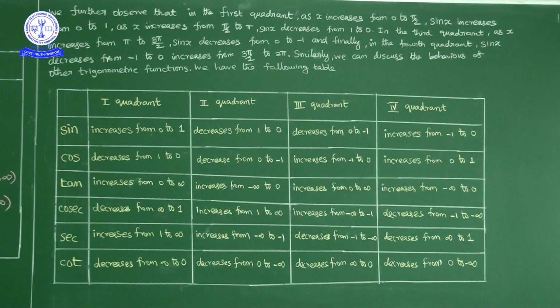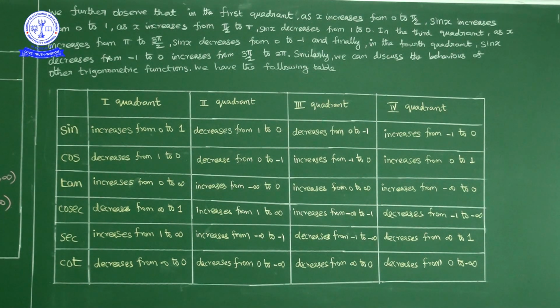That is as x increases from pi to 3 pi by 2, cos x increases from minus 1 to 0, but still negative in third quadrant. Okay. Now as x increases from 3 pi by 2 to 2 pi, cos x increases from 0 to 1. So cos x is positive in first and fourth quadrant, negative in second and third quadrant.